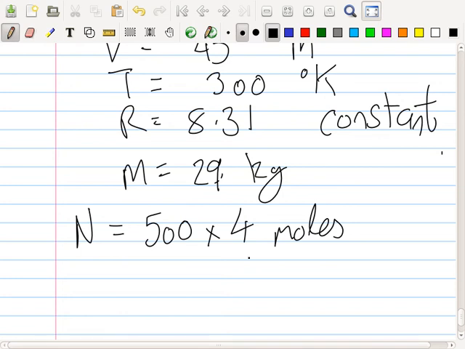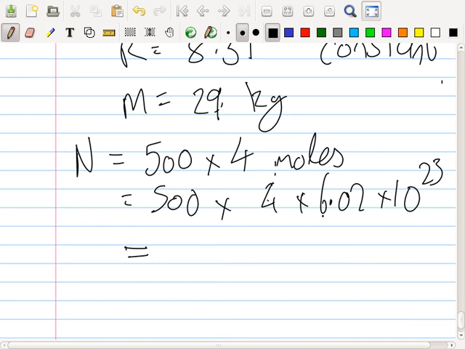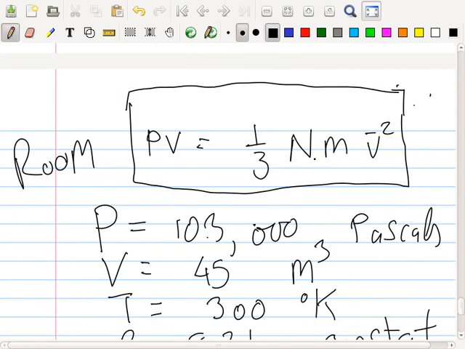The N is 500 times 4 moles, which is 500 times 6.02 multiplied by 10 to the 23. Can you calculate this, please? 1.204 times 10 to the 27. Thank you. That's the N.